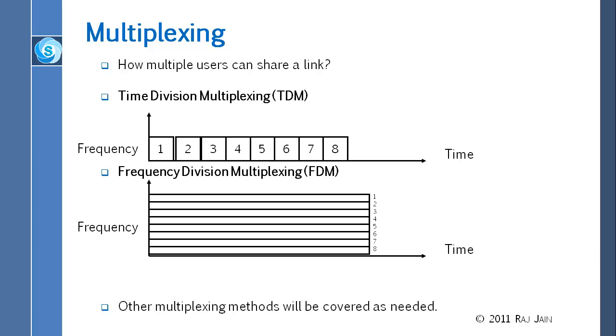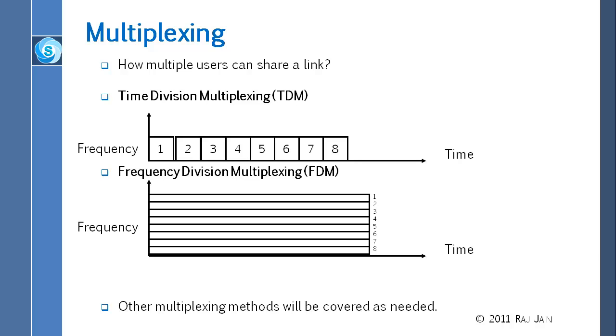So that's how we can put more and more people on wireless, or even on the wire, the same medium. So the summary is there are two different ways of multiplexing, TDM and FDM.